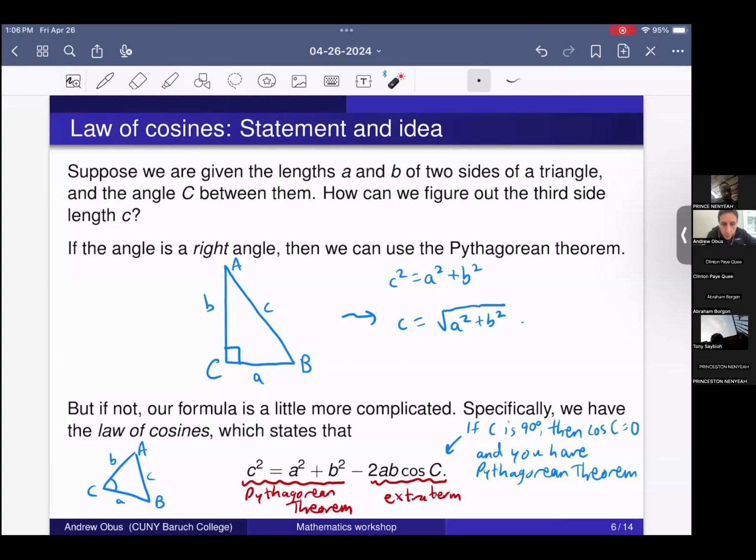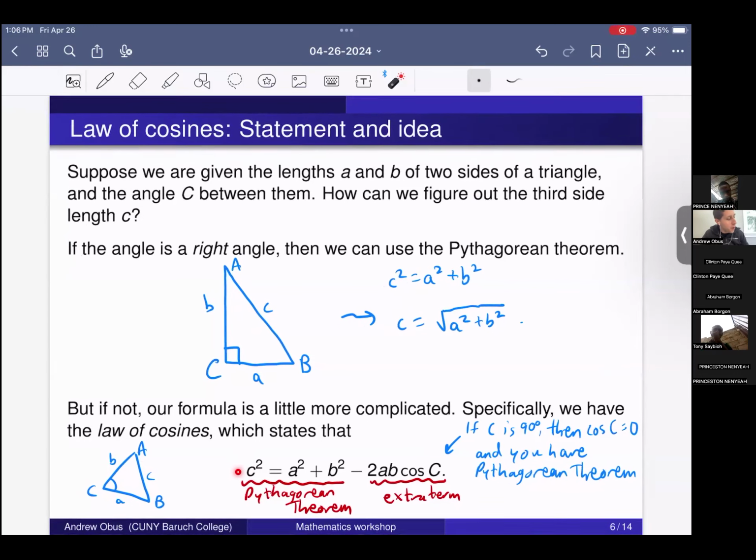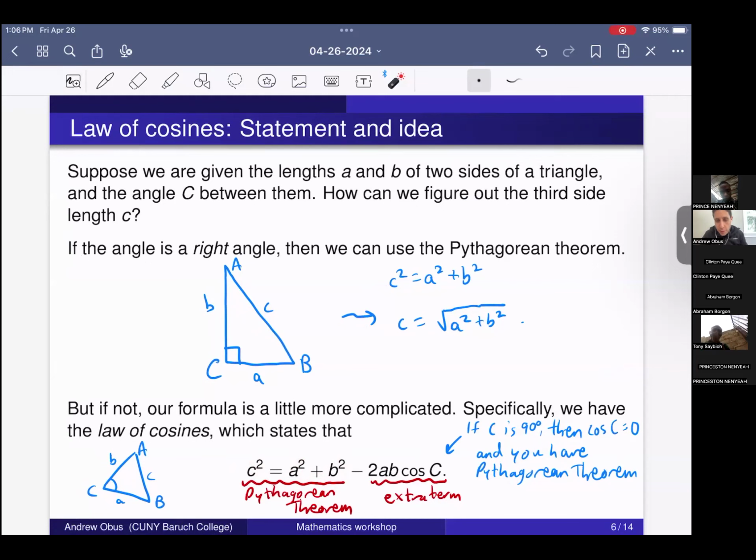Can it be derived from the Pythagorean theorem? Yeah, I mean, right. Do you mean why do we have a formula for c squared but not for a squared or for b squared?